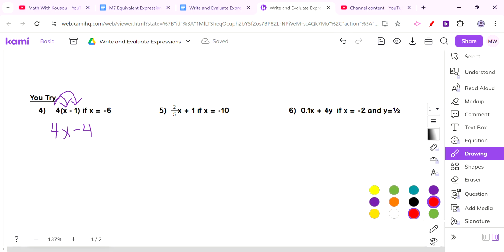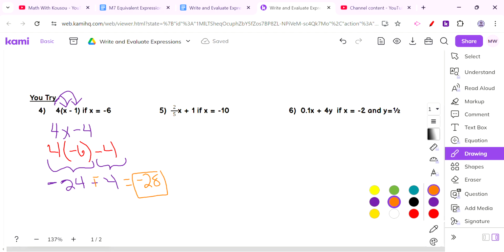So I'm going to rewrite this using parentheses around my substituted number, so around -6. Okay, and then I'm going to start solving. So 4 times -6 is -24. And then I'm going to just drop down this -4. Okay, and then we're going to do keep, change, change, and we get -28.